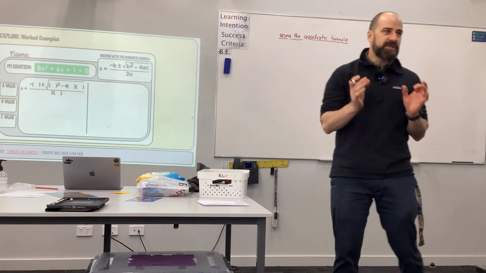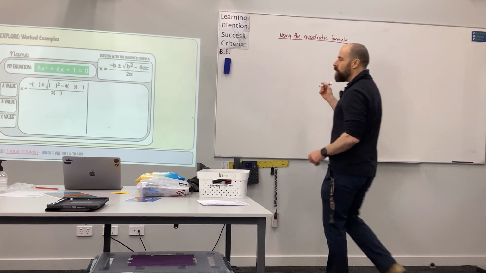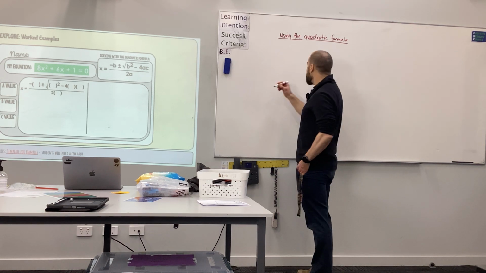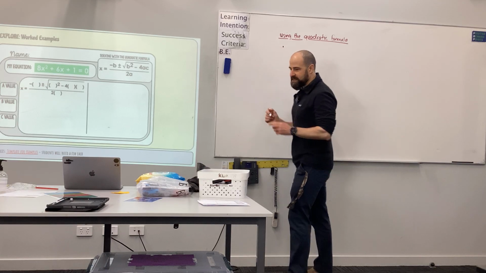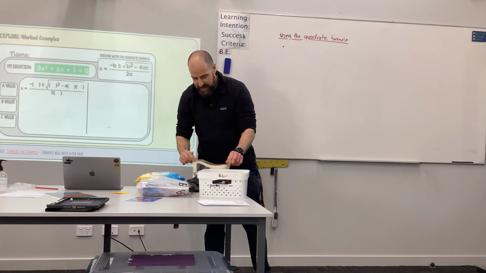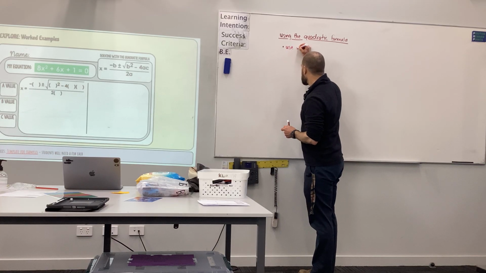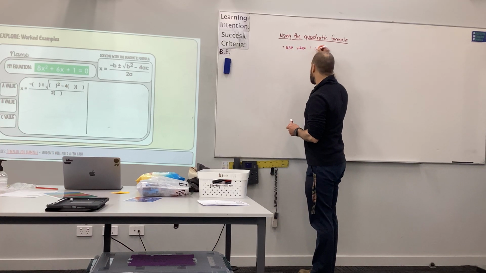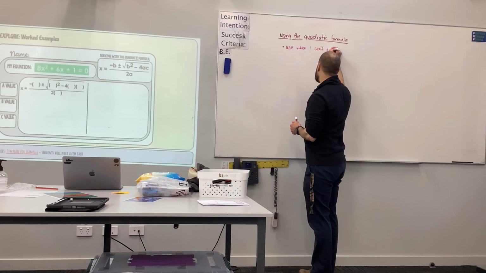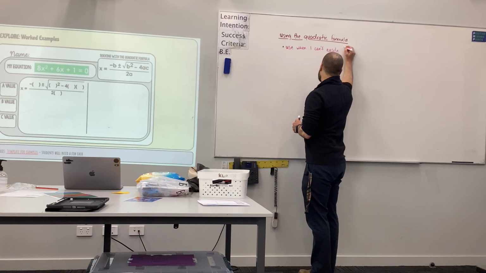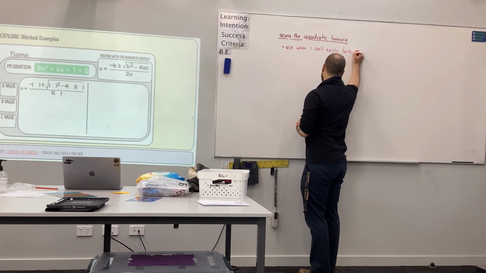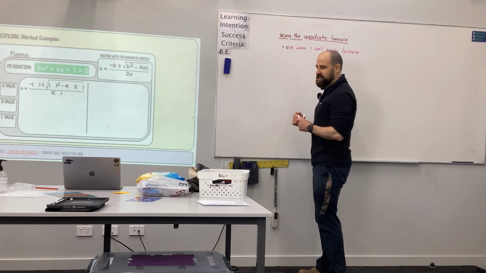So we try and use the quadratic formula when it can't be easily factorised. So we're going to add that as our notes. Use when it can't be easily factorised. When you can't do any of the other methods.